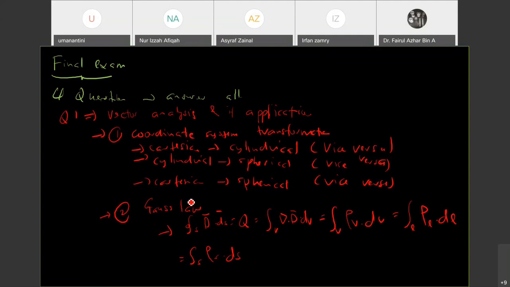Okay, yang ini Gauss law lah. So how can the knowledge that you get from this vector analysis topic be implemented in Gauss law?